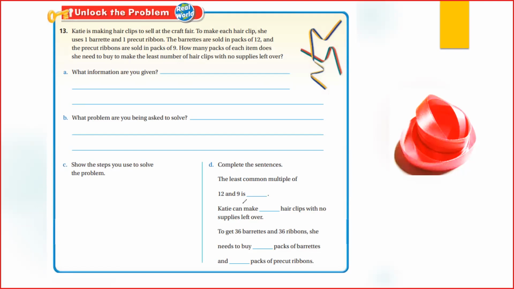Please focus with me now. If you see a phrase like "how many packs of each item do you need to find the least number with no supplies left", think that you have a barrette and ribbon, you need to buy more than 1 in order to have no supplies left, and you need to find the least number of packets you need to buy.